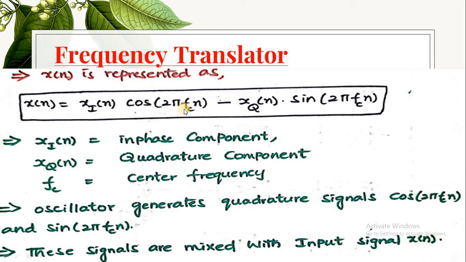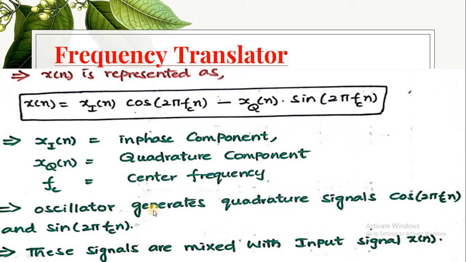Here 2 pi f is omega, the angular frequency. We can also write this equation as xi of n cos omega c n minus xq of n sin omega c n, because 2 pi fc equals the angular frequency. Here xi of n is the in-phase component, xq of n is the quadrature phase component, and fc is the center frequency.